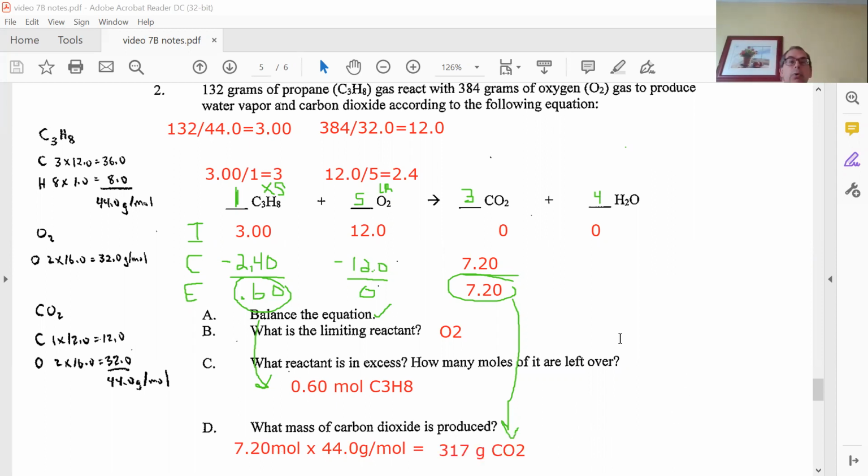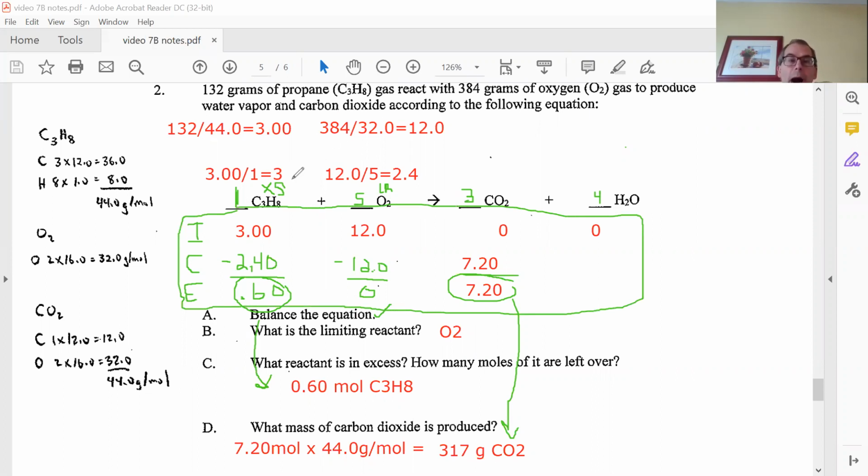Okay, to review, I'm given grams. What do I do with my grams? I convert to moles. Moles of this, moles of this. I go to my ice box. Okay, we'll complete the box. It's a cool way to solve these problems, the ice box.